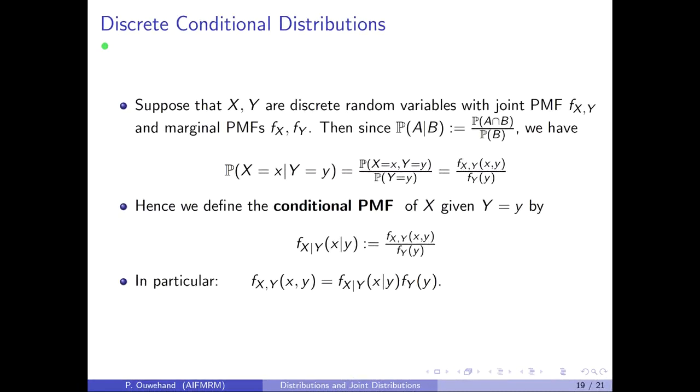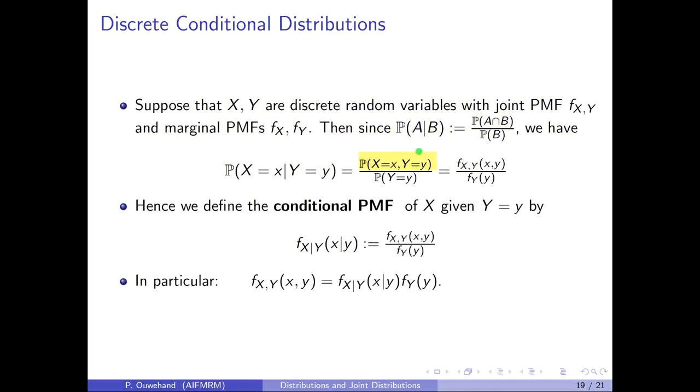As before, we consider discrete and continuous distributions separately. Suppose first that x and y are discrete random variables with a joint probability mass function fxy and marginal PMFs fx, fy. Then by definition of conditional probability, we have that the probability that capital X is equal to little x, given that capital Y is equal to little y, is this ratio over here.